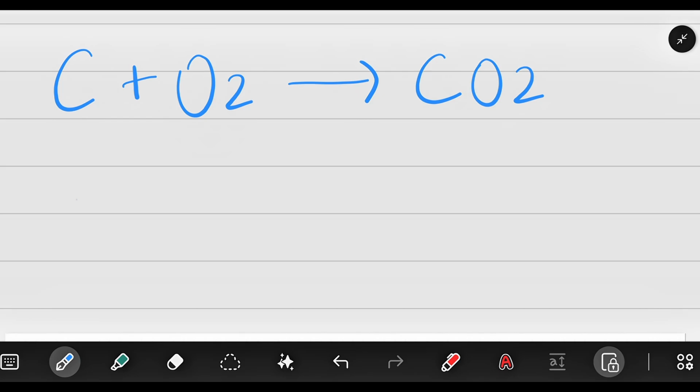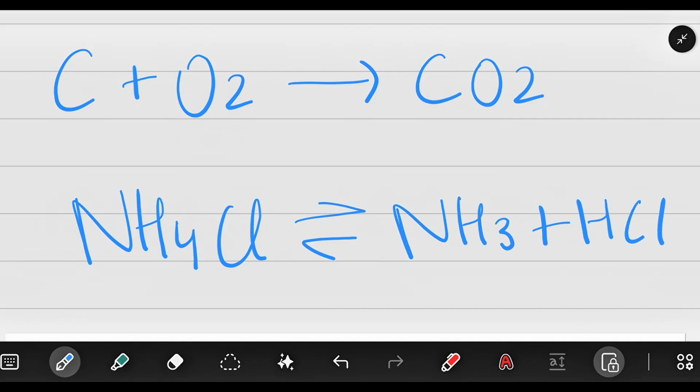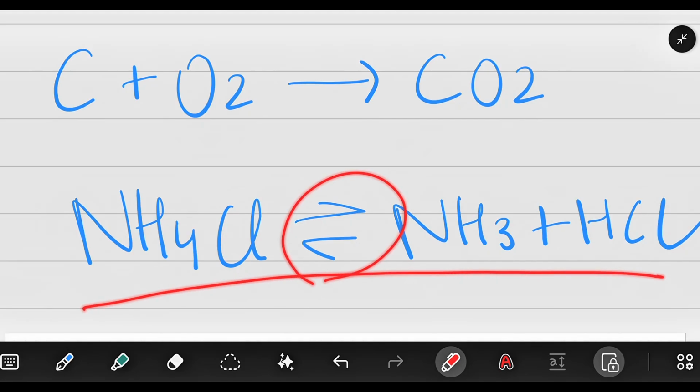So when we talk about a chemical reaction that is reversible, we have something like this. Ammonium chloride gives us ammonia and hydrochloric acid. Now this double arrow in between tells us that this whole reaction is reversible.